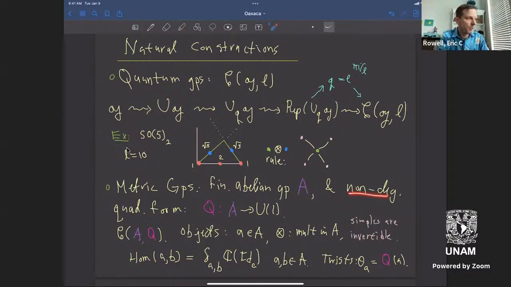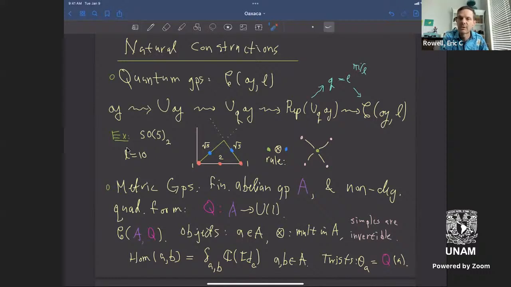But since this form is non-degenerate, it turns out that this is actually a modular category. Okay, the non-degeneracy of the quadratic form gives you non-degeneracy of the S matrix. And here, the morphism spaces are usually one-dimensional or zero-dimensional. And the twists are given exactly by just the value of the quadratic form.